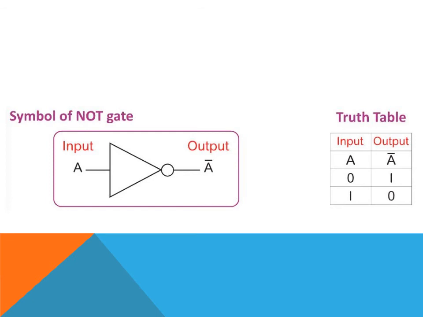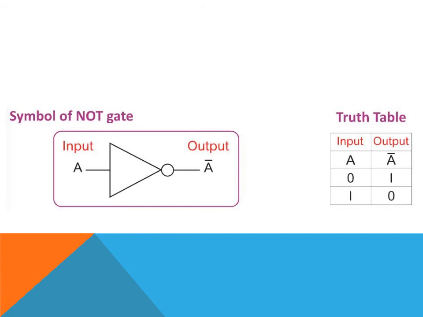So if the input is 0, the output is 1. If the input is 1, the output is 0. That is why it is the simplest of all the gates. I am repeating again and again, okay? Remember the symbol, that means the diagram, and understand the truth table, because you don't need to remember the truth table.